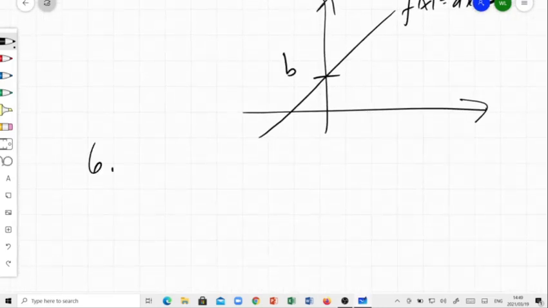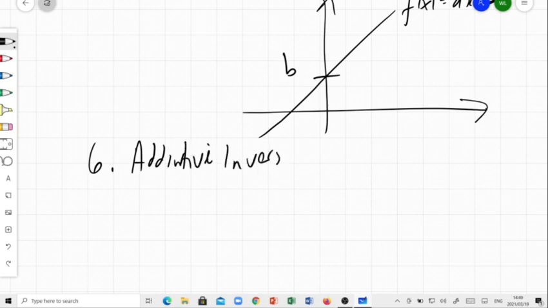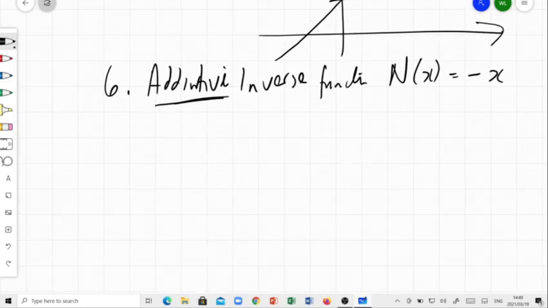And then the sixth type of arithmetic function is what is called the additive inverse function, n of x. And this simply negates everything, okay?